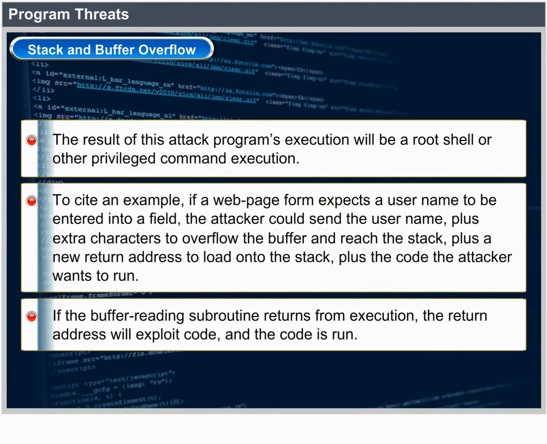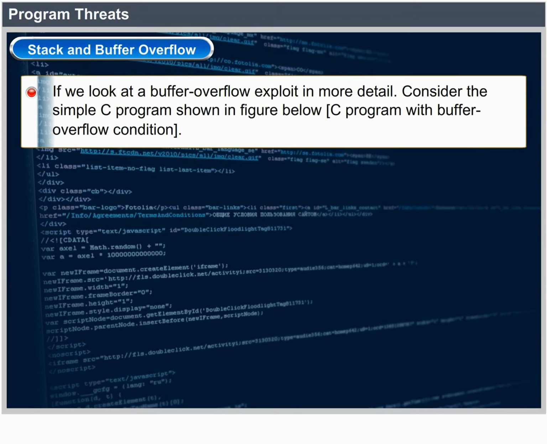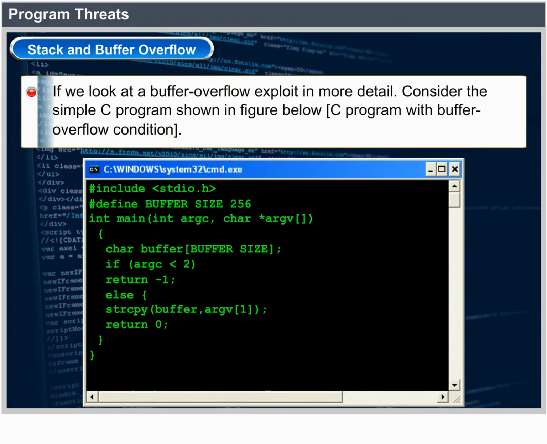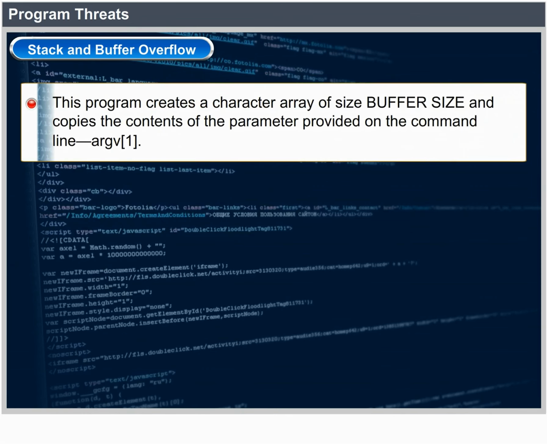Let's look at a buffer overflow exploit in more detail. Consider the simple C program shown in the figure below. C program with buffer overflow condition. This program creates a character array of BUFFER_SIZE and copies the contents of the parameter provided on the command line, argv[1].